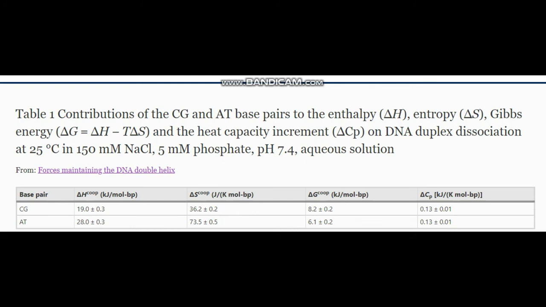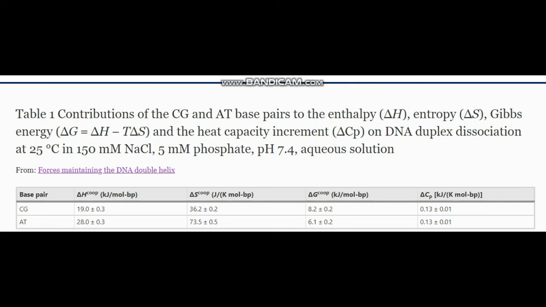So there's many more accessible energy levels in unfolded DNA than there would be in the folded DNA, and that's why the entropy is positive as we would expect. But it's less positive than it would be in the absence of the hydrophobic effect. So yes, unfolding is favourable in entropy terms, but it's much less favourable than you would expect if you ignore the entropy of the water, which is better off when the DNA is folded.